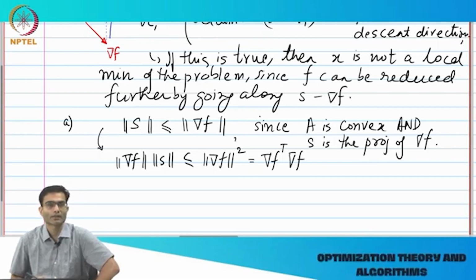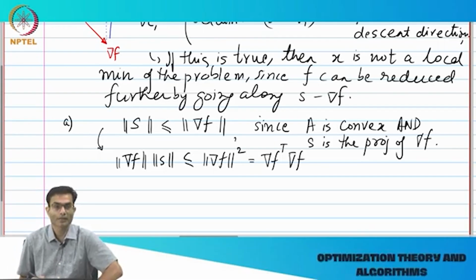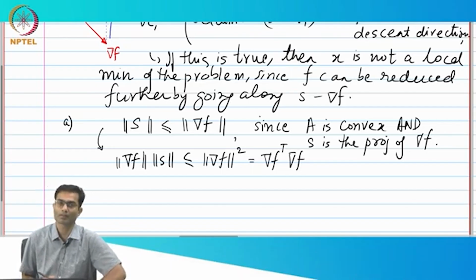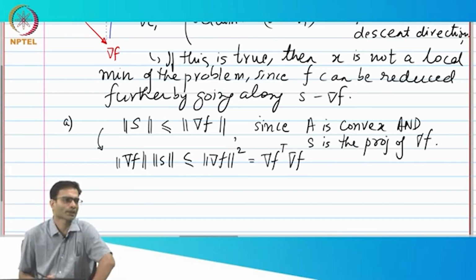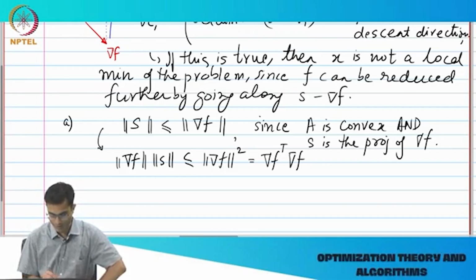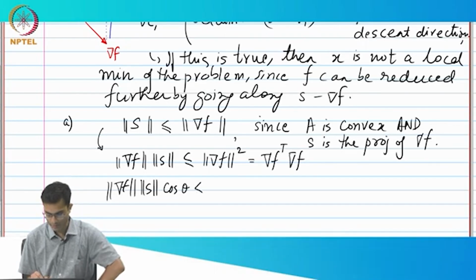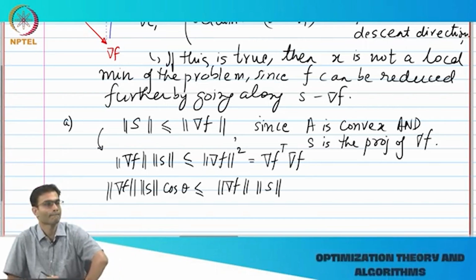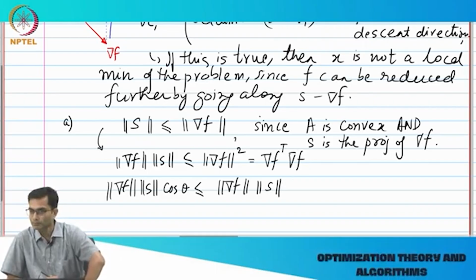Can I further reduce the left hand side by multiplying some cosine of some angle? So I can say that norm grad f norm S cos theta is less than norm grad f squared, agreed? Cos theta is less than or equal to 1, so this is fine.